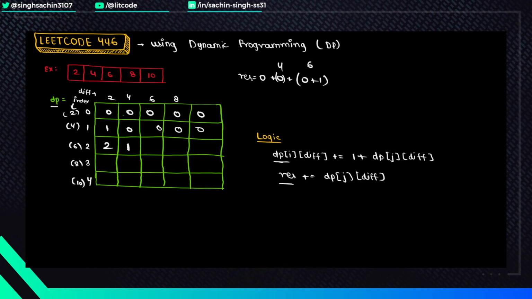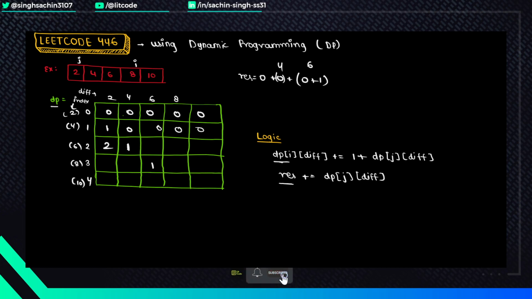This is from 6, for the element 6. Now we will process the next element. Our i is at 8, j is at 2, the difference between them is 6, so we will have 1 here, because there was nothing in here, right?